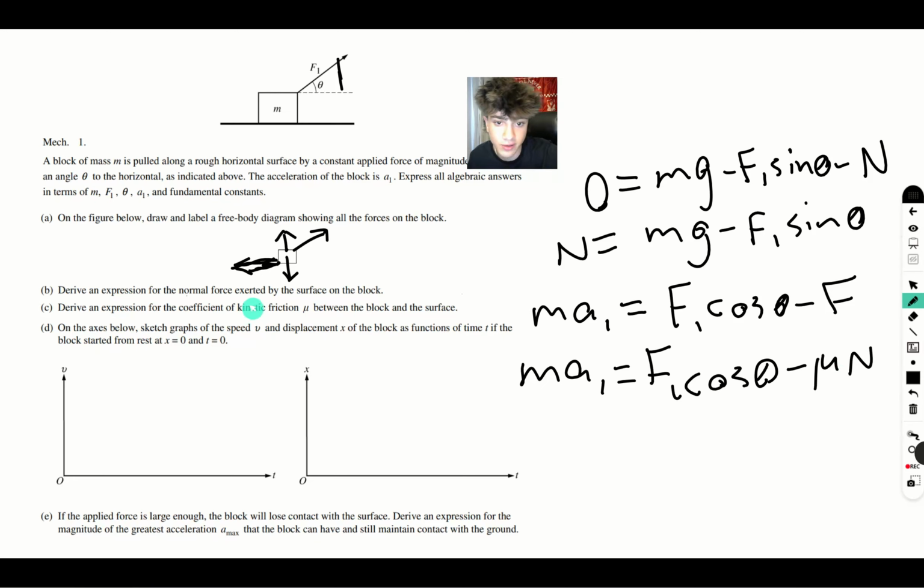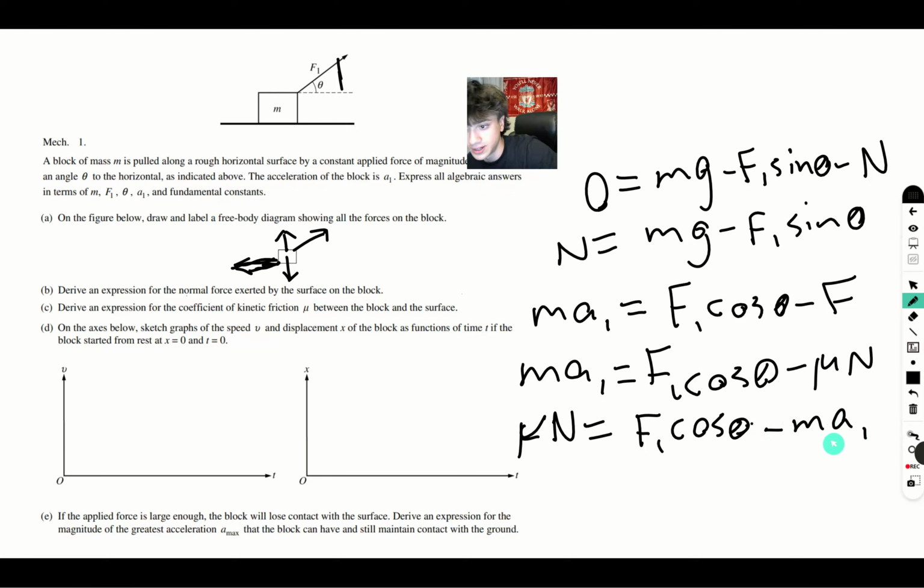If we're looking for mu, we're going to move this m a1 over and this to the other side, so we'll get mu N is equal to F1 cosine theta minus m a1.